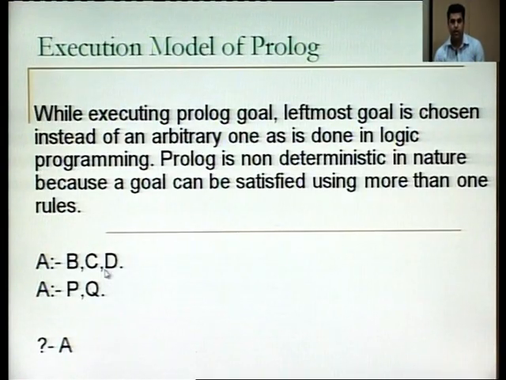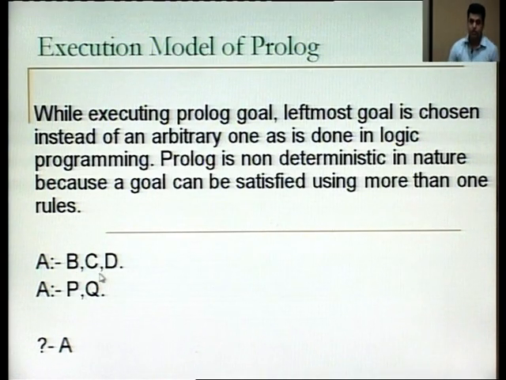Let us say C over here fails, then it will backtrack to B. Whatever bindings B was having will be removed. It will go for another value of B, and then it comes back again to C.